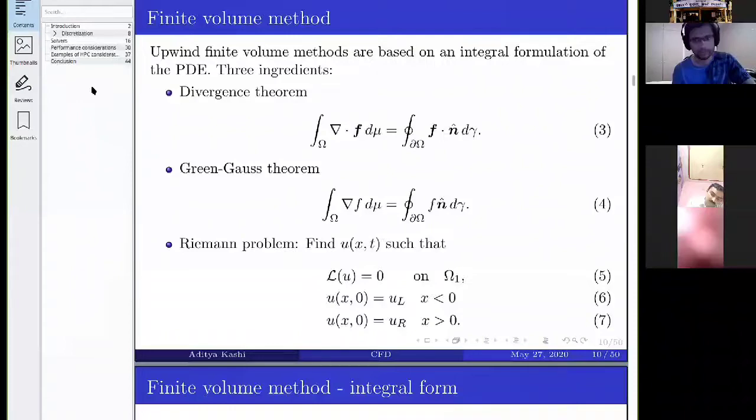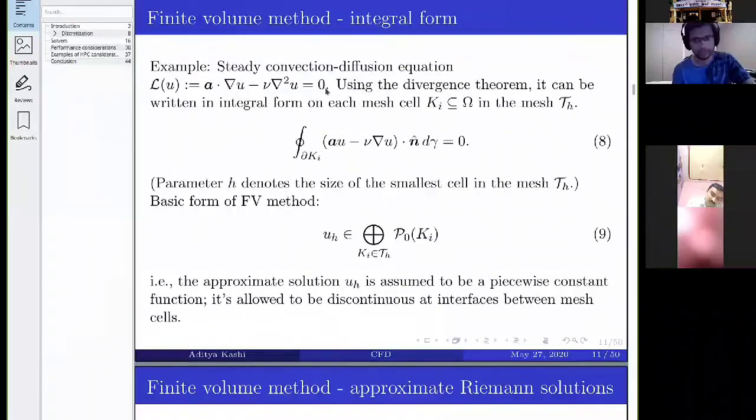If we take a simple example of the convective field of velocity A, which convects a quantity whose concentration is given by U. So using the divergence theorem, we can write this in an integral form. And in this case, we integrate it on every mesh cell, which I denote here by Ki. And the mesh is denoted by TH.